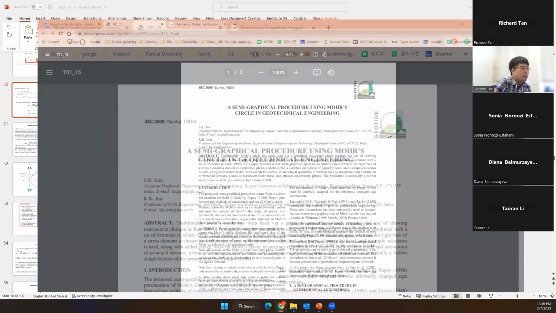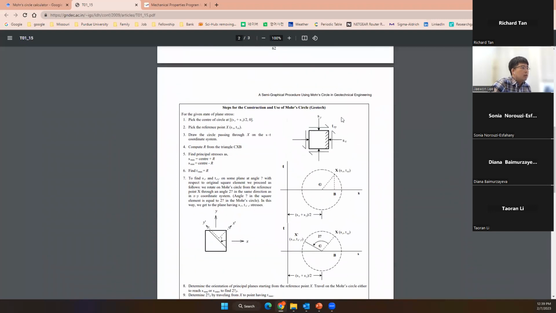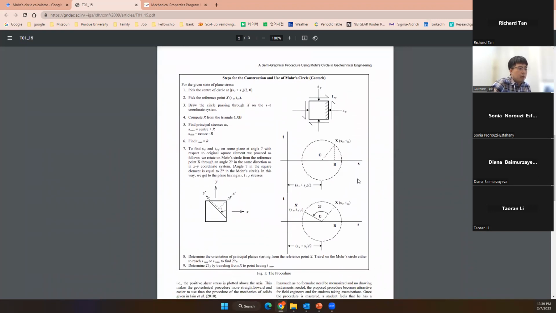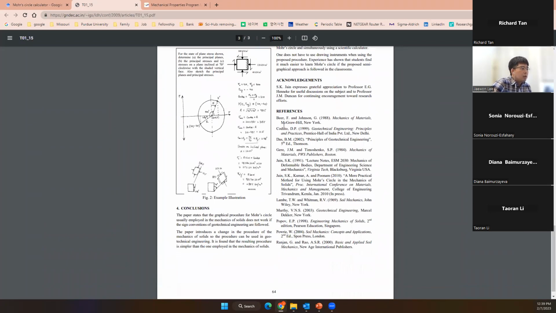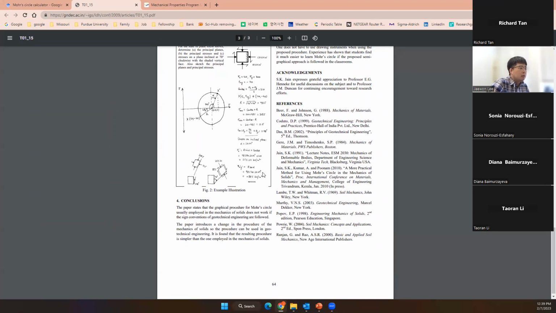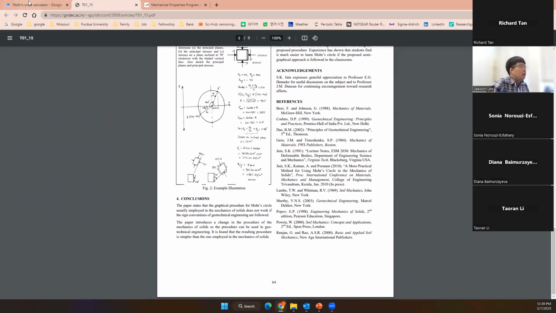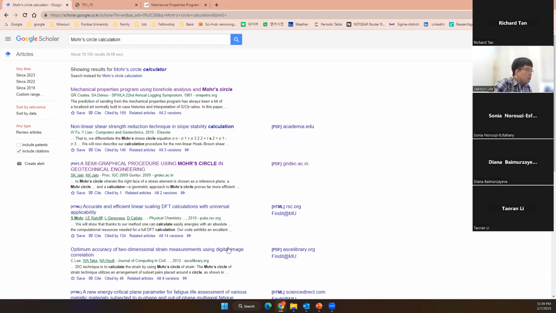You can see the kinds of papers they did before, and they provide how to establish the Mohr circles like that. And then let me show another paper.